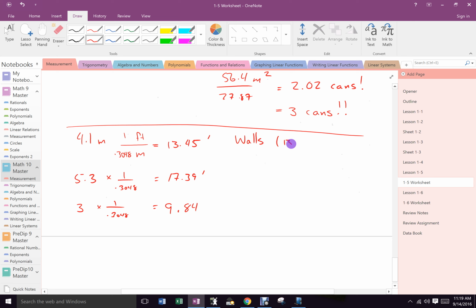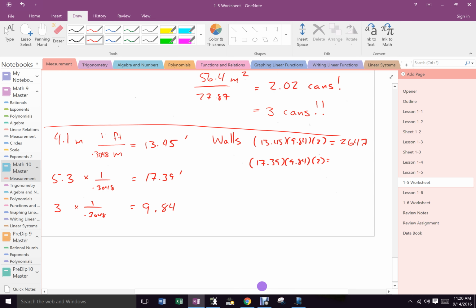So my walls are 13.45 times 9.84 times 2, and 17.39 times 9.84 times 2. 13.45 times 9.84 times 2 is 264.7, and the other is 342.24.